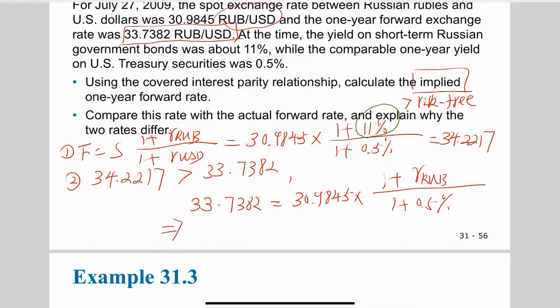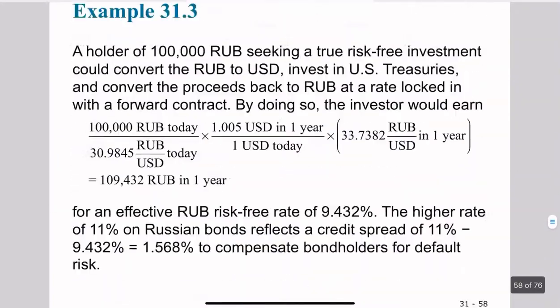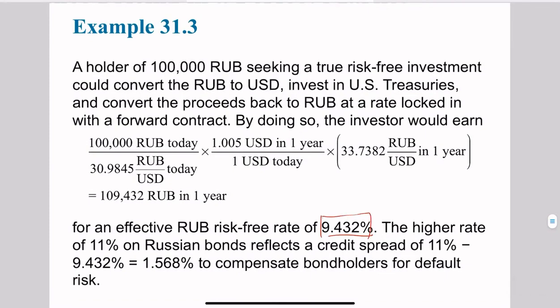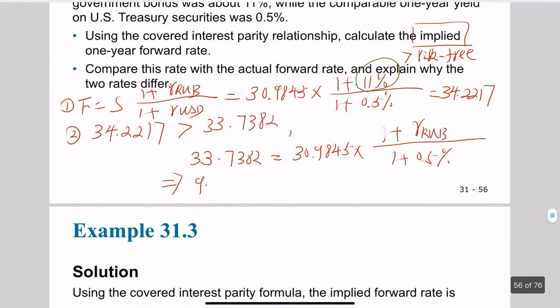And if you solve this, you can actually back out the risk-free rate in Russia, which would be 9.432%. Obviously, this one is smaller compared with 11%.